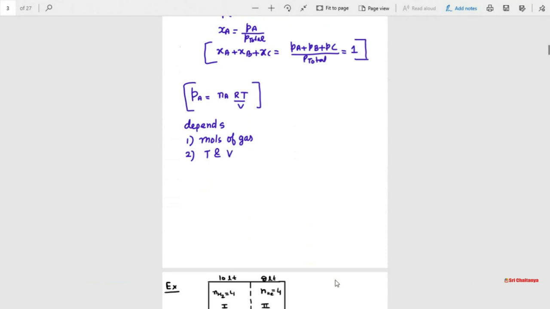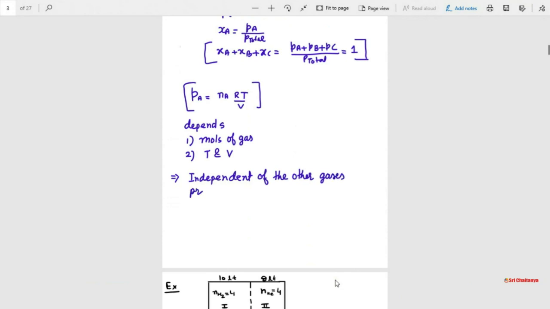So if I am going to add some inert gas into this gaseous mixture, the partial pressure of a gas is independent of the other gases present in the container.